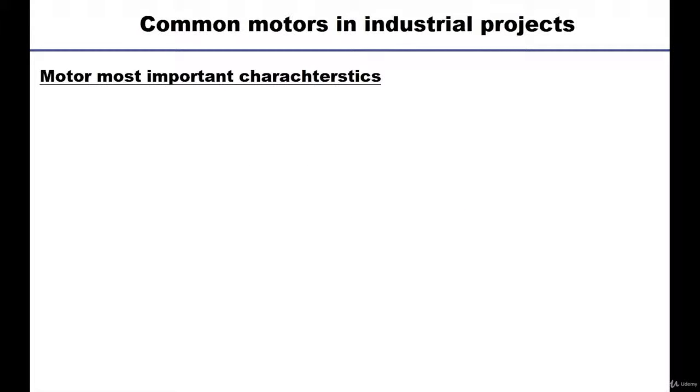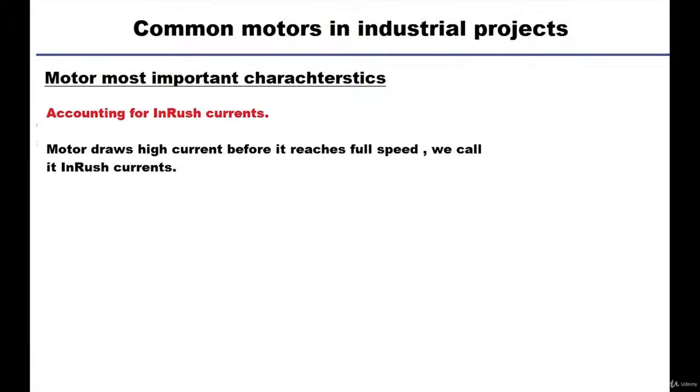Now let's talk about the most important characteristics that we will see in AC motors. Maybe the most important one is the inrush current. When you deliver power to your motor, there is an excessive amount of current that is going to be drawn. Typically this inrush current is going to last until your motor reaches its full speed.